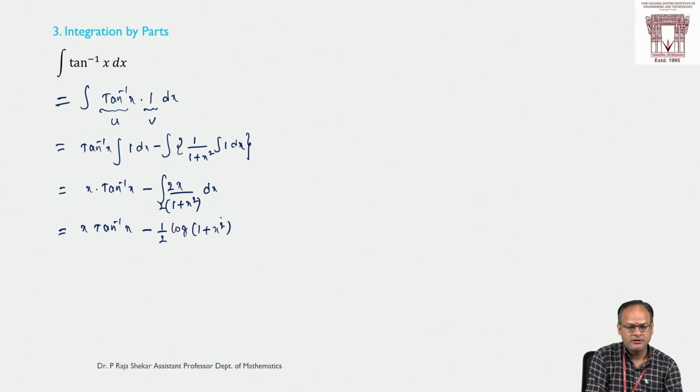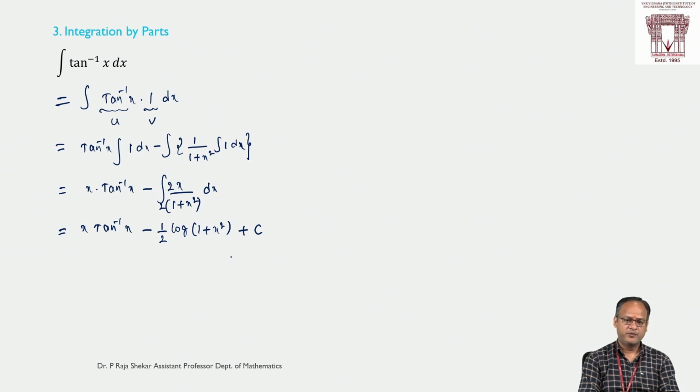By supposing 1 plus x square as t, 2x dx will become dt. So it is integration of 1 by t dt. Integration of 1 by t is log t. So integration is over, so we can add the constant. So it is plus c.